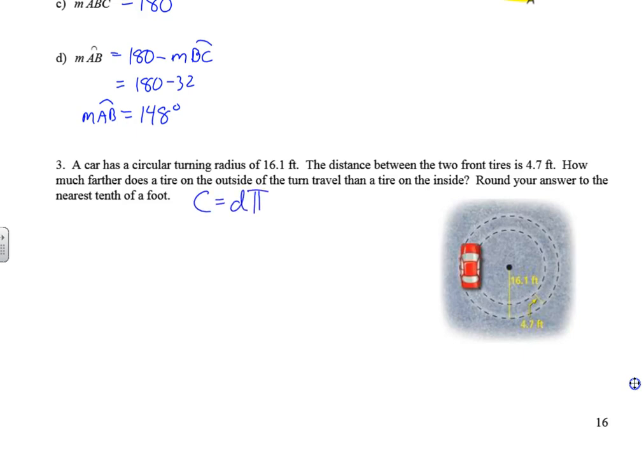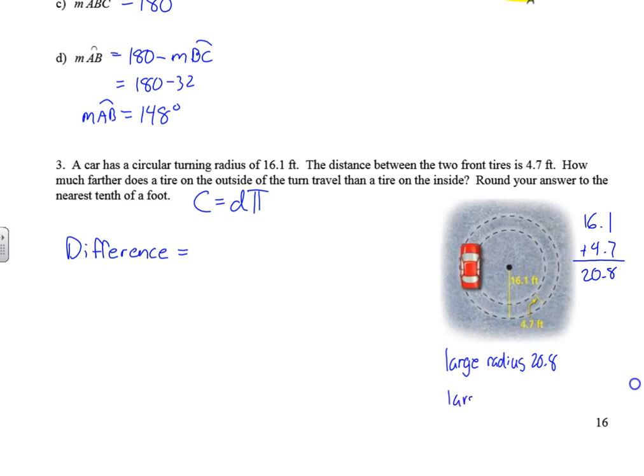Well, the outside, so the difference is going to equal the difference in the circumferences. So this would be the larger diameter, which is going to be, let's figure out the radius first of the larger circle. So the larger circle, 16.1 plus 4.7 is going to be 20.8. Now here's where people get tricked. So the large radius is 20.8.